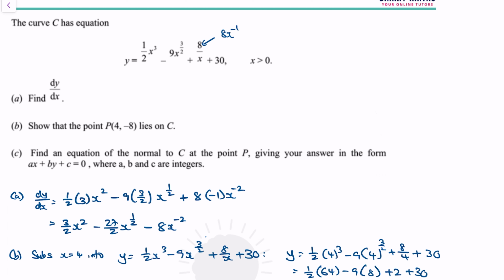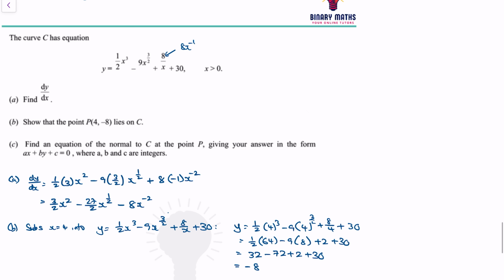Half times 64 is 32, minus 9 times 8 is 72, plus 2 plus 30, which gives us a value of negative 8, which is the y value for minus 8. So 4, minus 8 satisfies the equation, therefore lies on C.